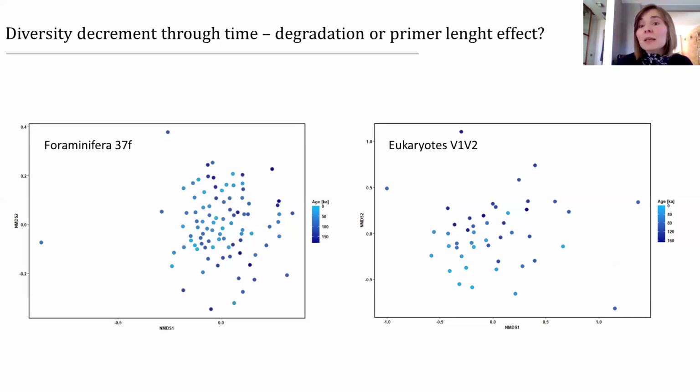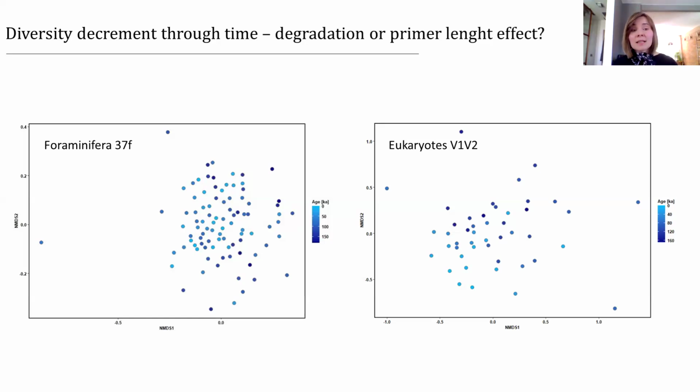But it can also be an effect of our primer length, so the length of our targeted fragment, because if the DNA is short, it's obviously easy to amplify and obtain a short fragment. But if we choose a longer DNA fragment and would like to amplify it, it is more likely that we have way fewer sequences in the oldest parts of our records. And for example, here you see the record of foraminifera and the eukaryotic community based on two different markers, and you see that this is a mess.